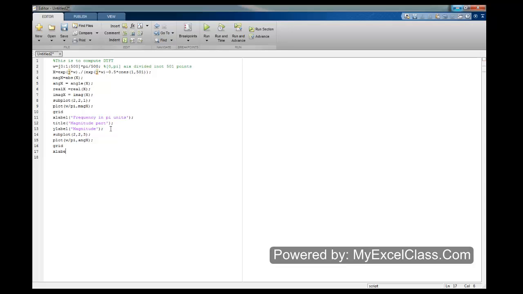So X label: frequency in pi units. Title will be angle part, and y label will be in radians.